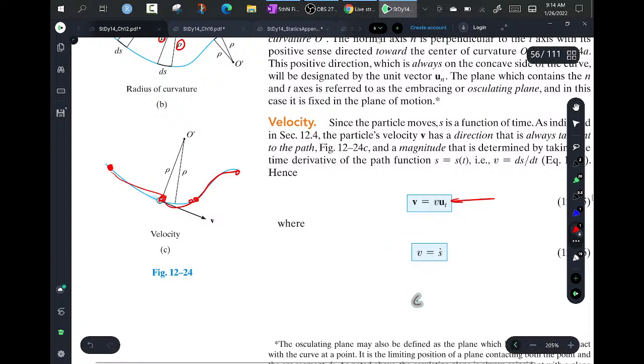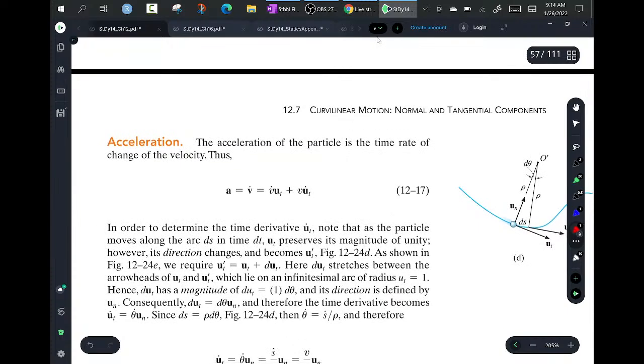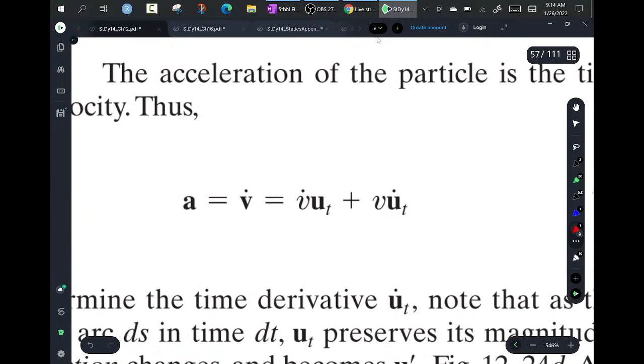So actually, his v is that, and if you go down, you'll find the acceleration, which actually is on the next page, becomes nothing more than the change in the velocity. So if he's going 80 miles an hour the whole way, then v dot is equal to 0. He's not increasing or decreasing his speed.